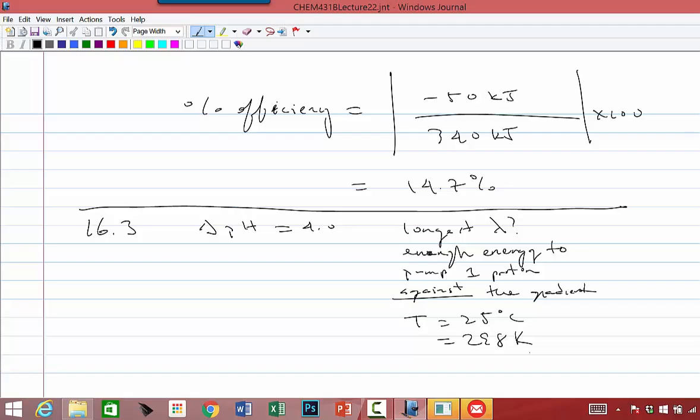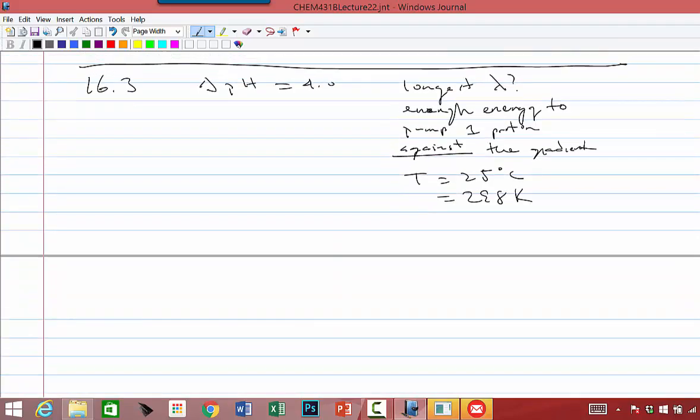So the way I approach this is I broke this down into 3 parts. A, determine the frequency, I'm sorry, not the frequency.